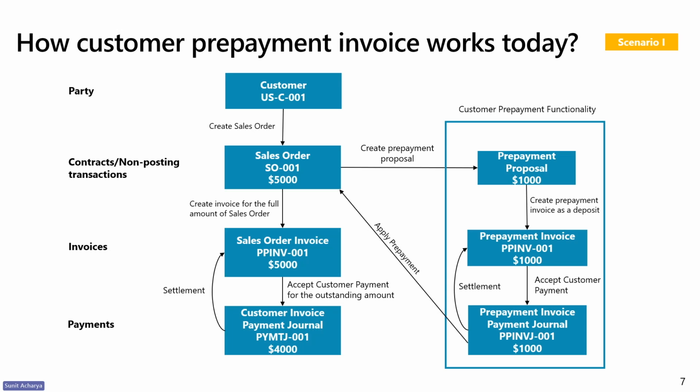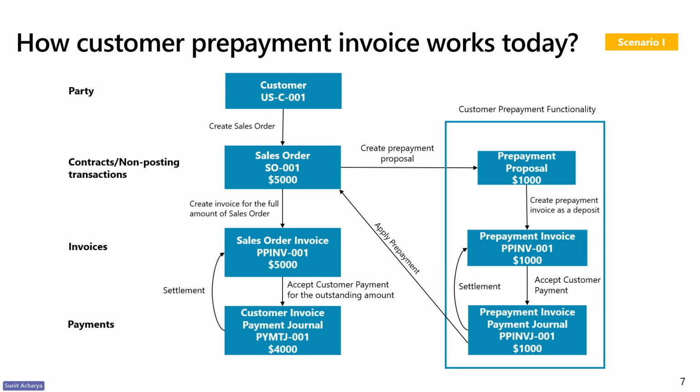Once this is done, we move ahead to create the invoice for the full amount of the sales order. As you can see, the sales order invoice has been created, which is also $5,000. And then the next step here is to receive the payment against this invoice.